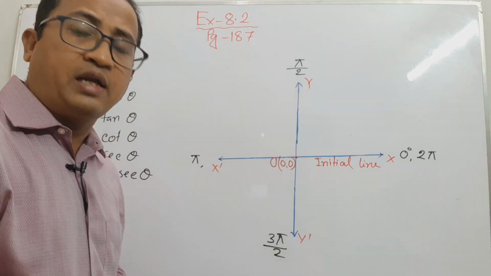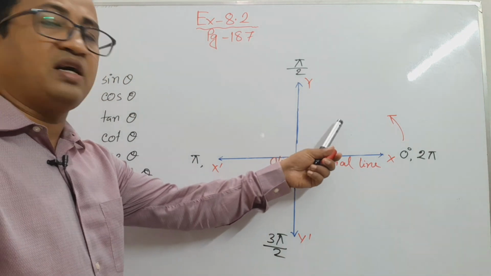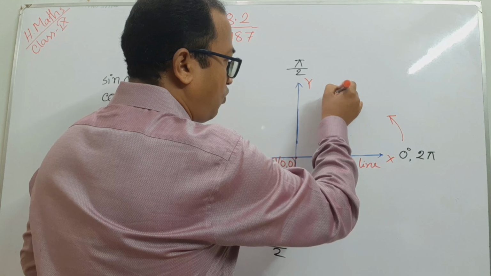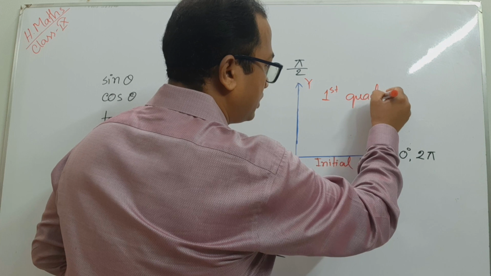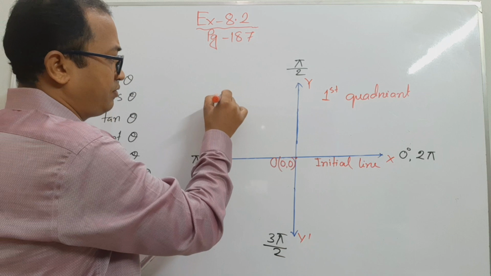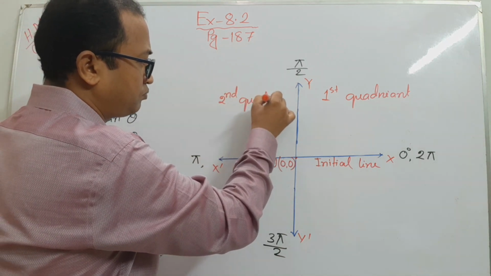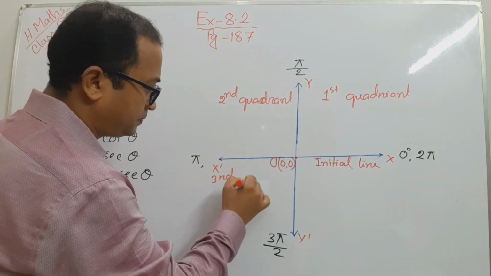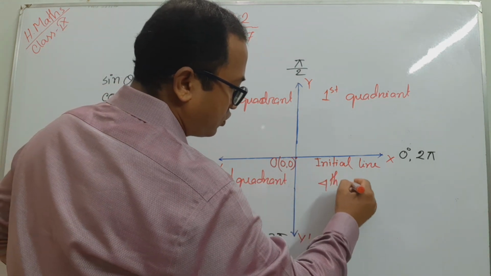So if you go anti-clockwise, in this direction, it will be the first quadrant, one part out of 4. After that it will be the second quadrant, then the third quadrant, and then the fourth quadrant.